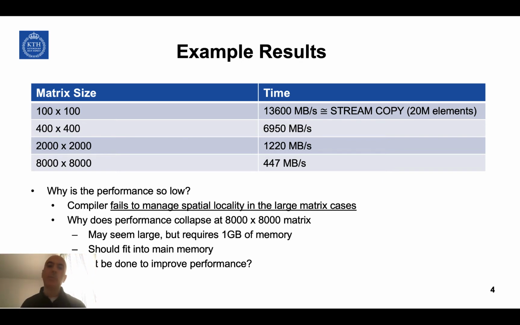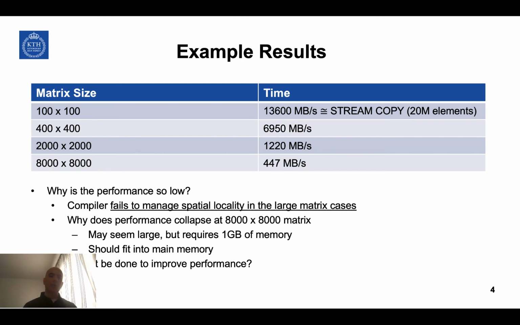We saw that there is a potential for spatial locality, but the compiler cannot manage to use it. And why does the performance collapse at the 8000 by 8000 matrix? Well, this might seem large, but it requires 1 gigabyte of memory, so quite a large amount of memory, and it should still fit in the memory.